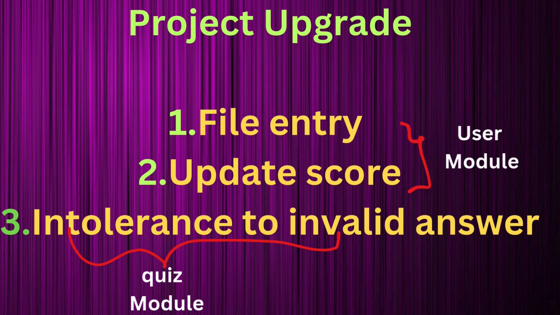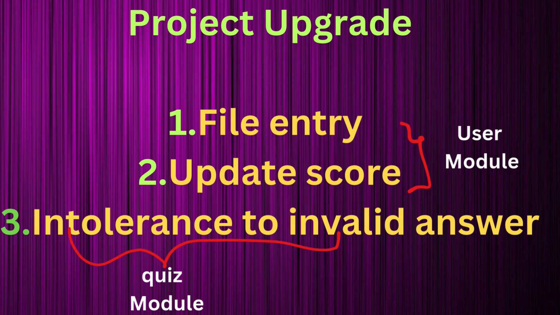What if he or she enters any other words? Definitely the answer goes wrong and they lose the point, but that is not the point. Our quiz game needs to be a little more efficient to handle this problem. It has to prompt the user to enter only a valid response before it calculates the score. Likewise, our quiz game is going to be a little more efficient to handle all these problems. This is what we are going to see here.